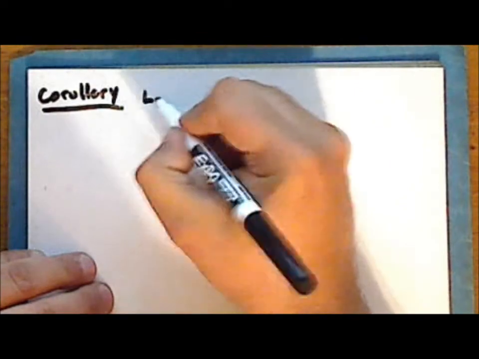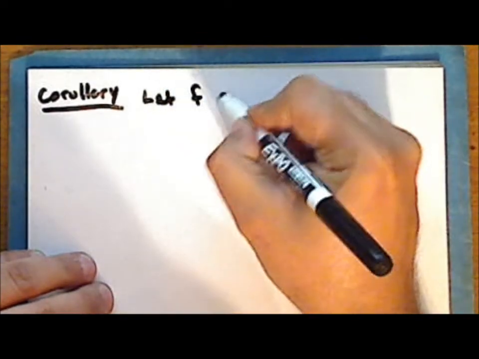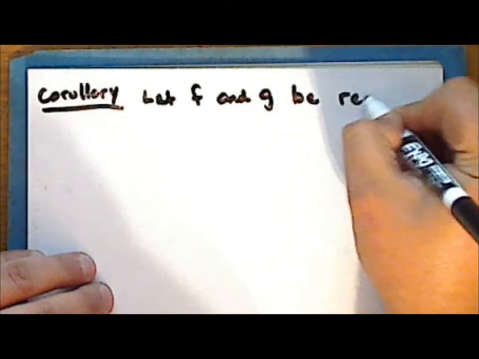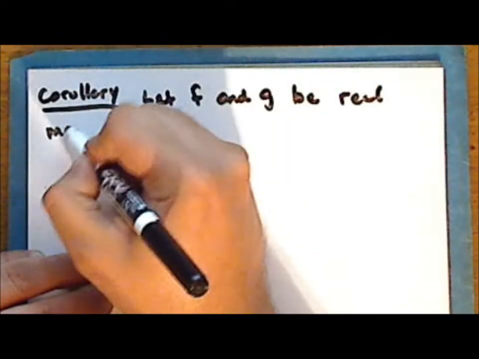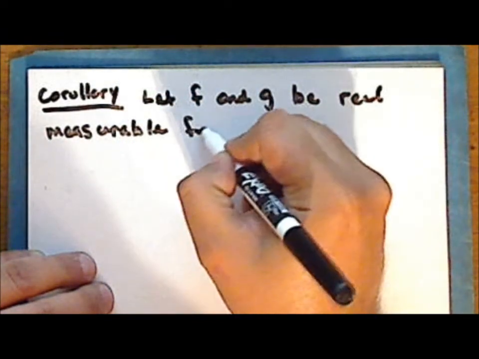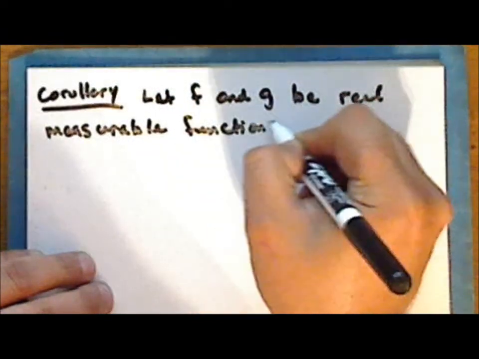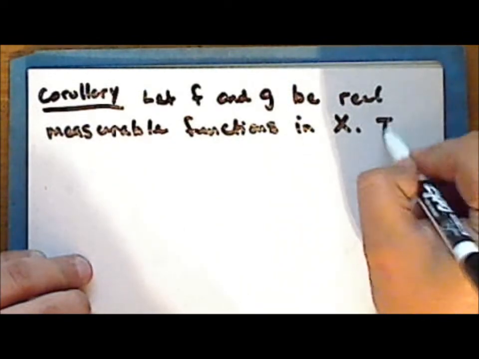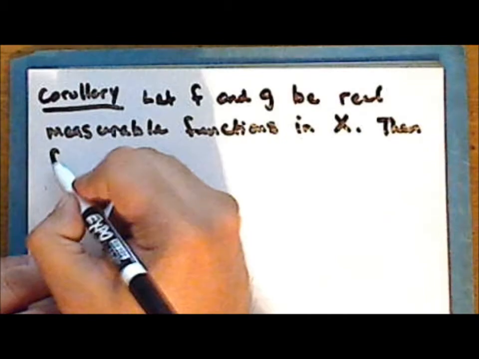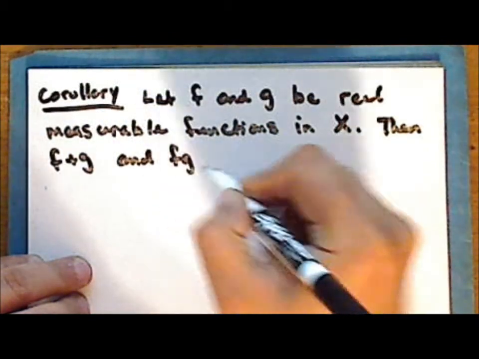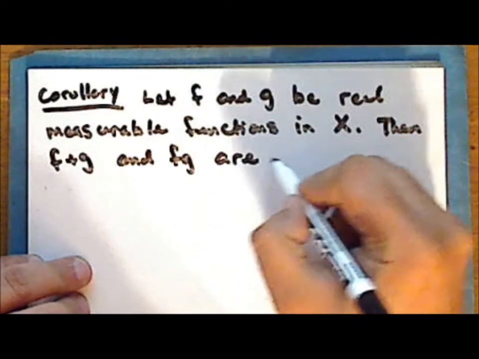So let f and g be real measurable functions in the space X. Then the sum and product of those functions are measurable.